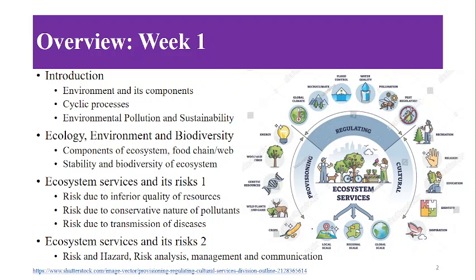So, different services an ecosystem provides, and it becomes a responsibility for the species living in it, mainly human beings, to preserve the environment so that excessive human activity does not hamper the functioning of this ecosystem.